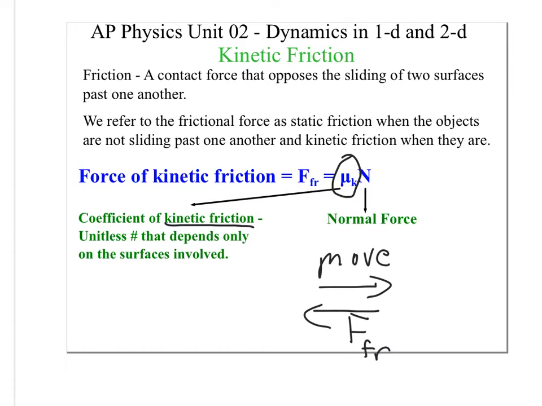So two pieces of wood have a different coefficient of friction than two pieces of ice, or even a piece of ice and a piece of wood. These can only be determined experimentally. We actually have to do experiments, get some data, and calculate the coefficient of kinetic friction. We can't just math it out of nowhere.